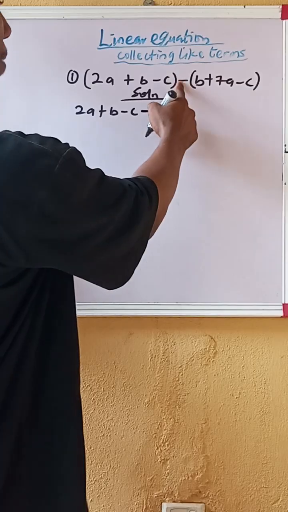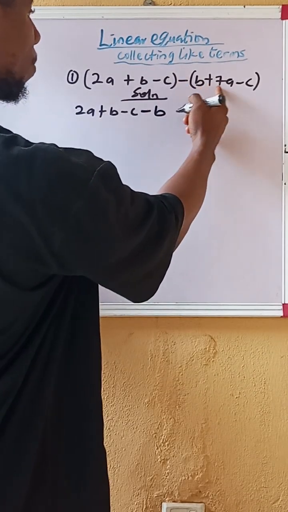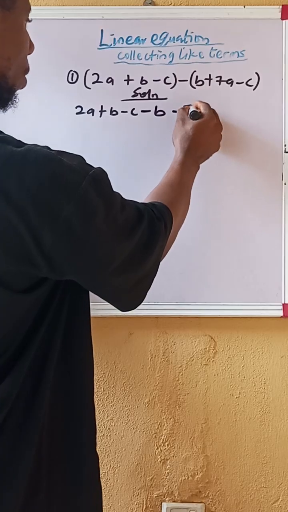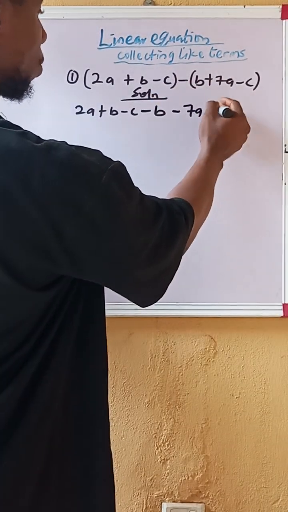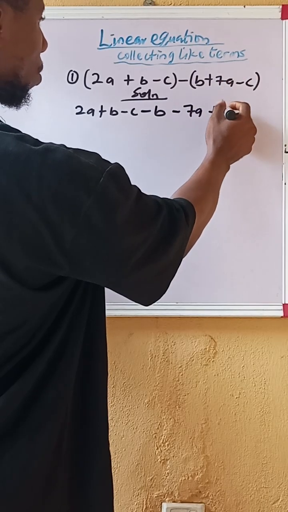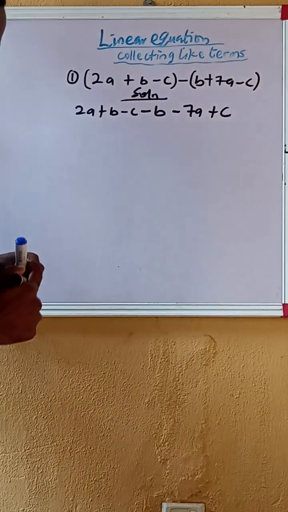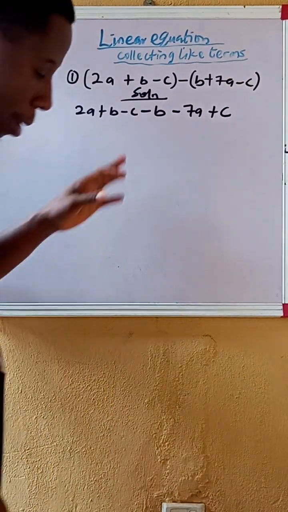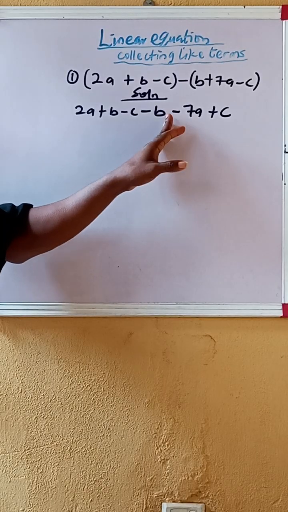Minus times plus is also minus, so minus times plus 7a will give us minus 7a. Minus times minus will give us plus, so minus times minus c will give us plus c. So guys, we have successfully opened the bracket.